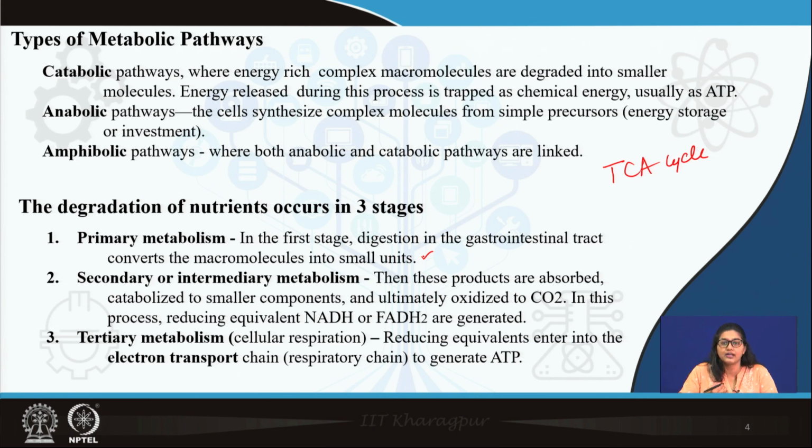During intermediary or secondary metabolism, they are further degraded and ultimately oxidized to form carbon dioxide, and in this process reducing equivalents like NADH, FADH2 are formed. And finally, tertiary metabolism, where these reducing equivalents are utilized in cellular respiration, which occurs in mitochondria, in the mitochondrial respiratory chain or electron transport chain, where finally synthesis of ATP occurs.